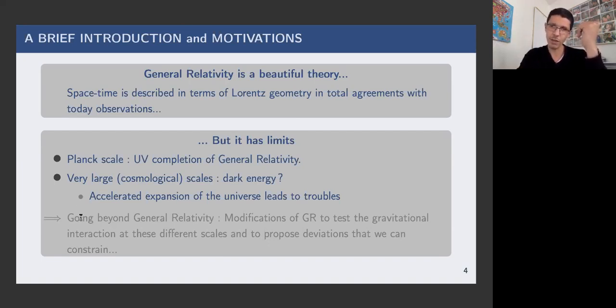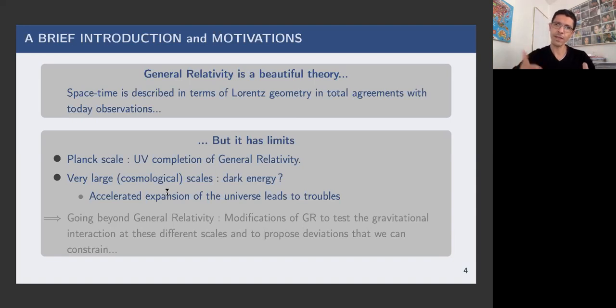The idea of modifying general relativity is to go beyond what we know, to try to find new physics. We want, in fact, to have a framework to test the gravitational interactions at these different scales, the UV scale and the late time cosmological scales. What we want is to propose some deviations from general relativity that we can constrain.